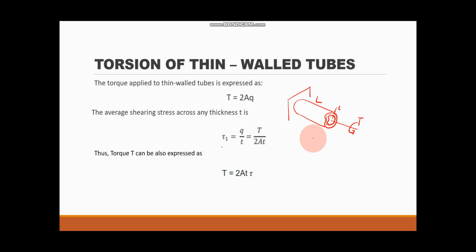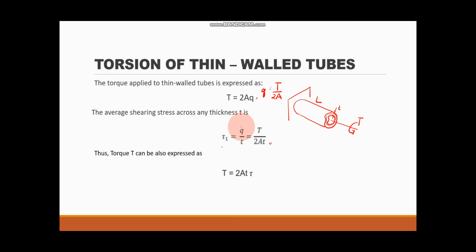And then the average shearing stress across any thickness t is represented by this formula, in which our shear stress is equal to the shear flow divided by the thickness. Using this formula, shear flow is equal to torque divided by 2 multiplied by the area.